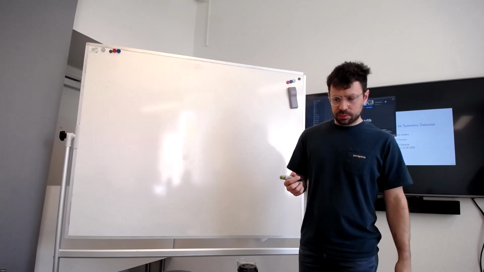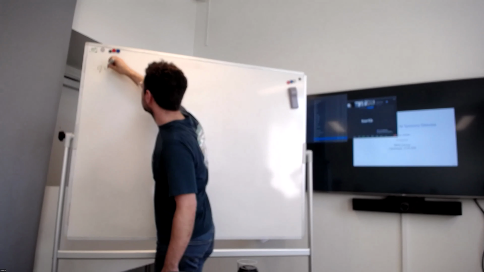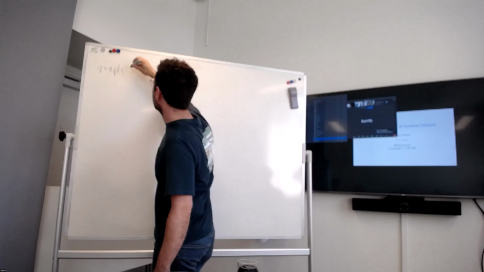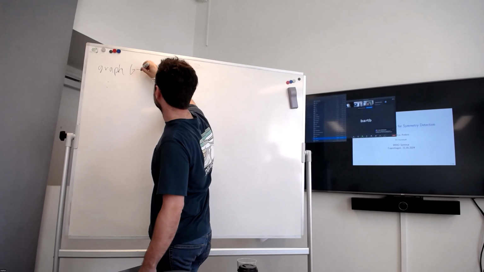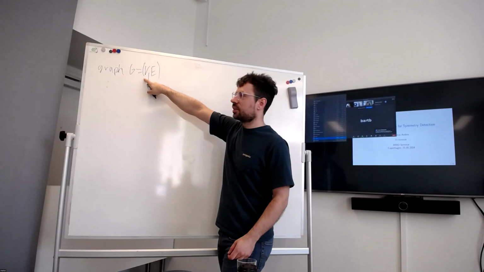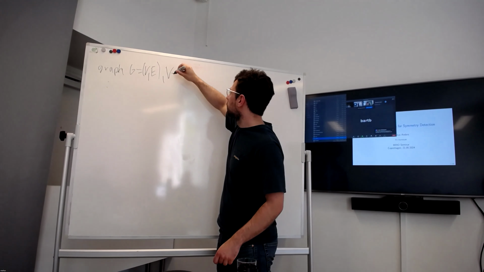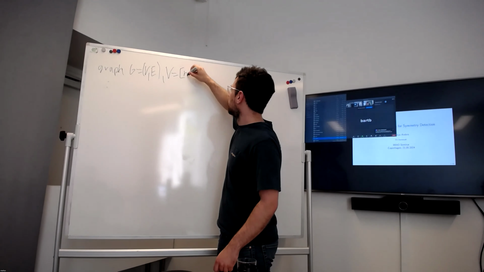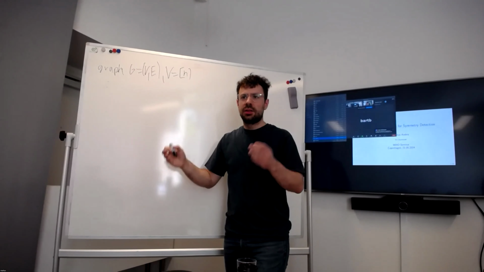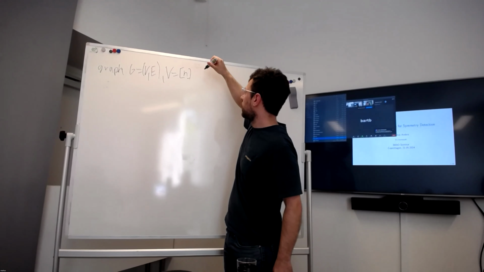Okay, so first, what we need as formal ingredients are, of course, graphs. A graph for me is a tuple: there's a vertex set and an edge set, and I'm just going to assume that the vertex set always runs from 1 to n. It doesn't really matter what you choose as the vertex set, but that's what I'm using.